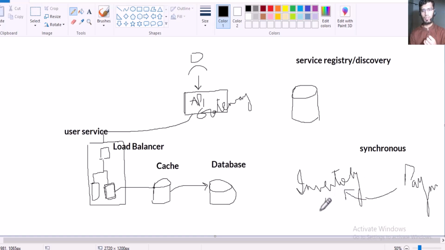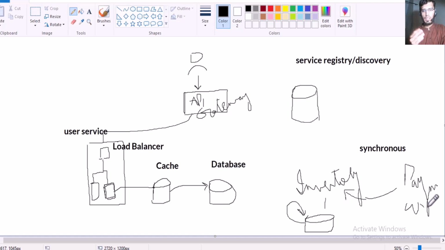The inventory service will do processing, like updating that product in its corresponding database. During this processing, our payment service is basically waiting. So this is a bad user experience.